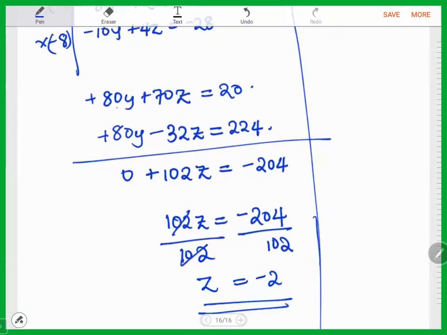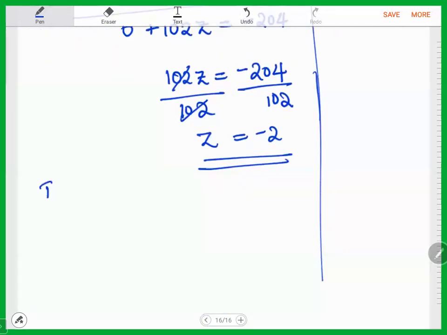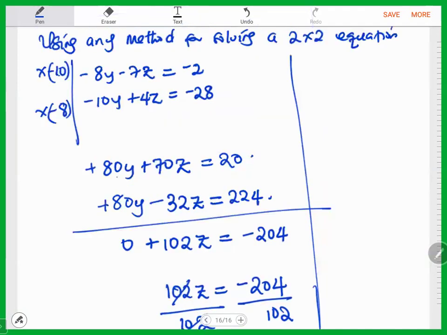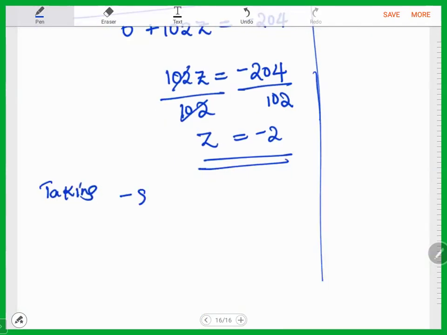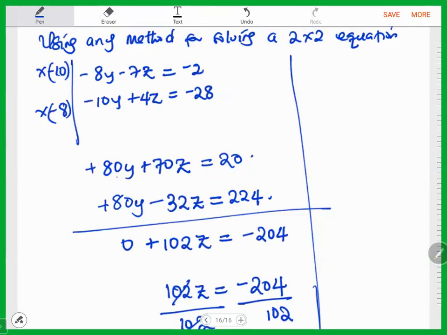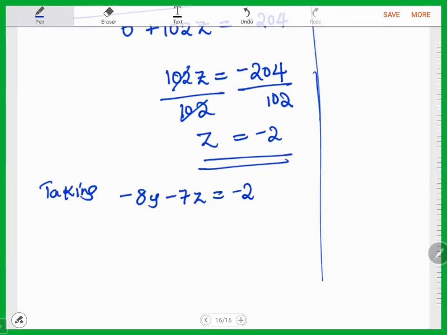So taking this equation, negative 8y minus 7z is equal to negative 2. I'm taking this, but you can also take this other way. You can choose any of the two. We want to obtain our y because we can substitute z in the above.